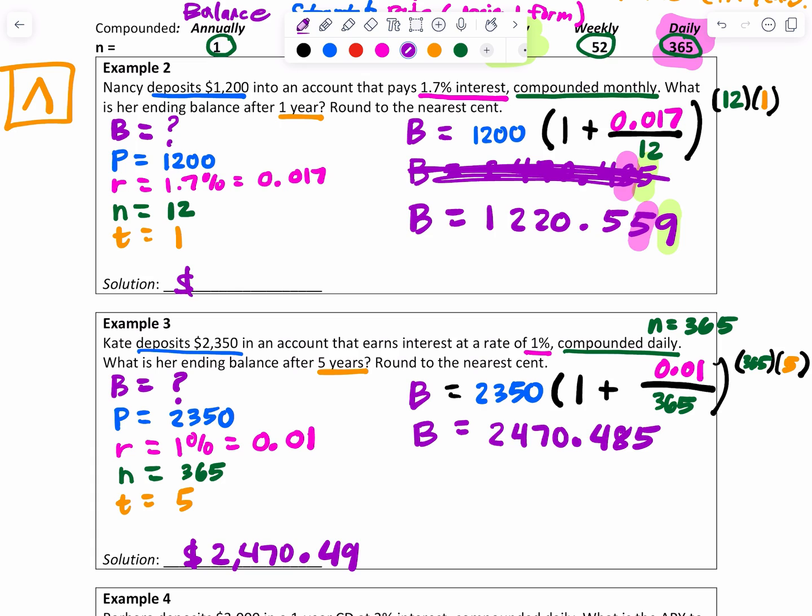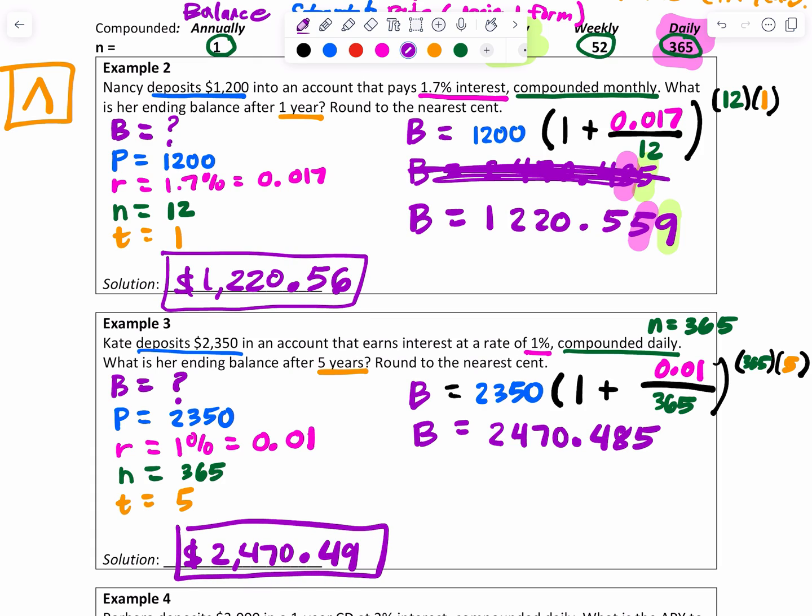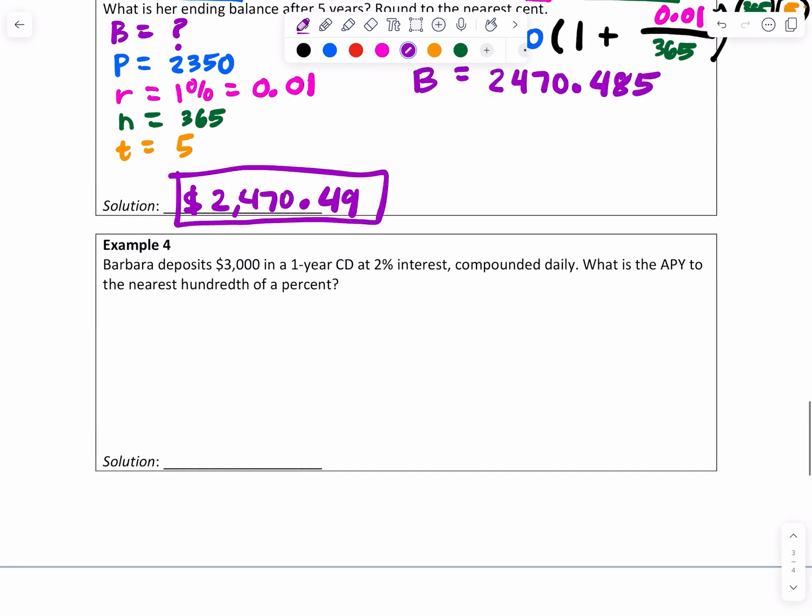So this will be 1,220.56. That should have been my answer on this problem. So sorry about this. So example 2, there's my answer. And example 3 should have had that answer. Bear with me, people. Okay, last example I think for today.